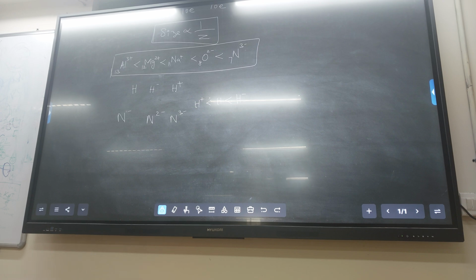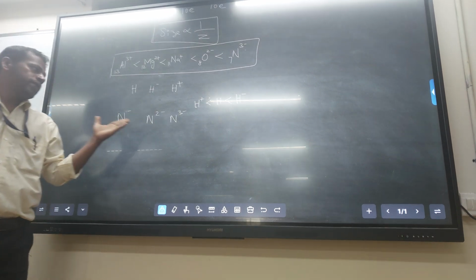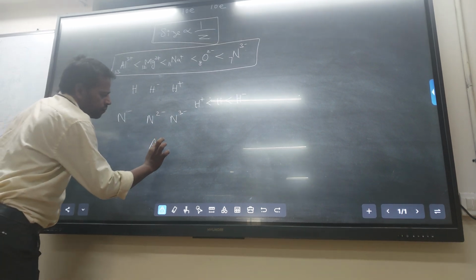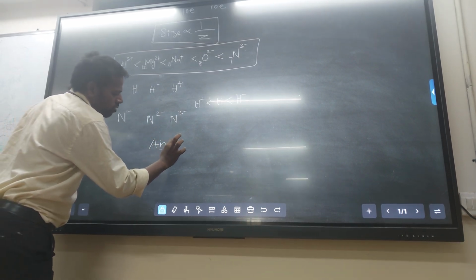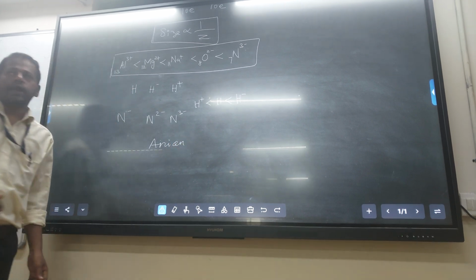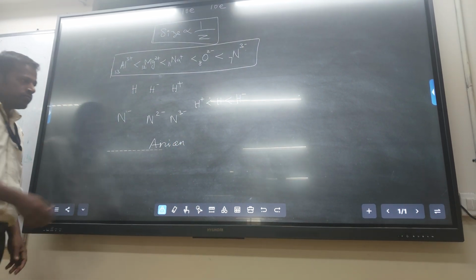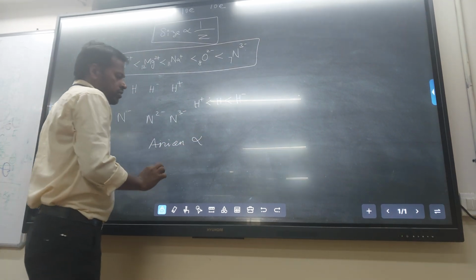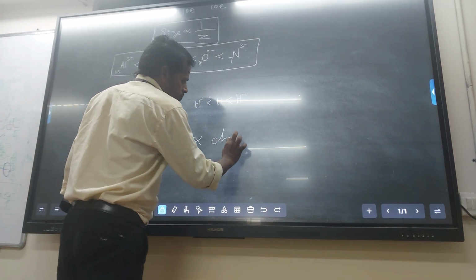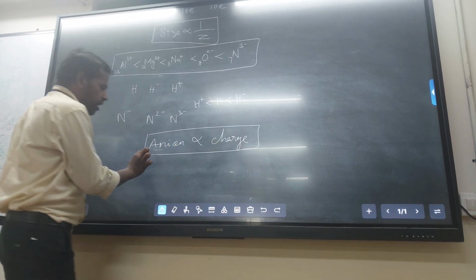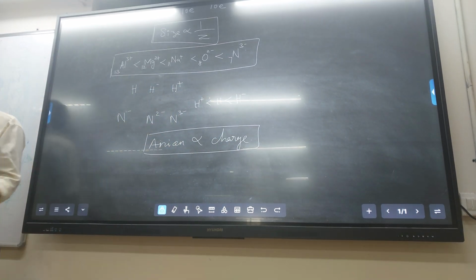Arrange the anionic species N 3 minus, N 2 minus, N minus. What I told you: in anions, the charge is directly proportional to the radius. The charge is maximum means maximum radius.